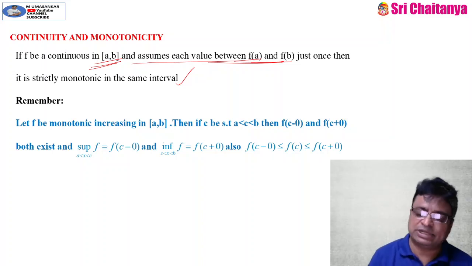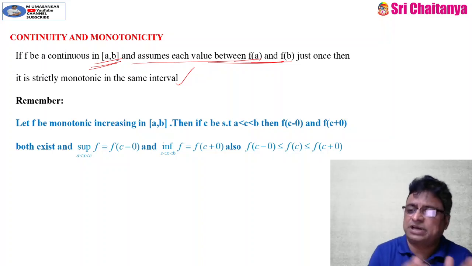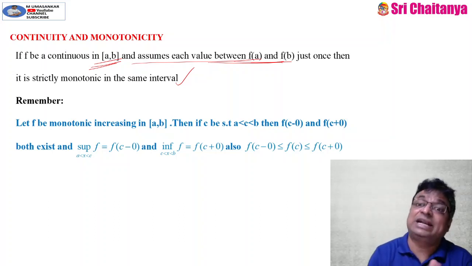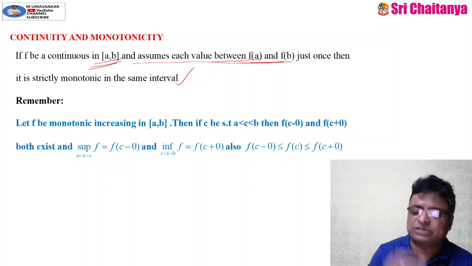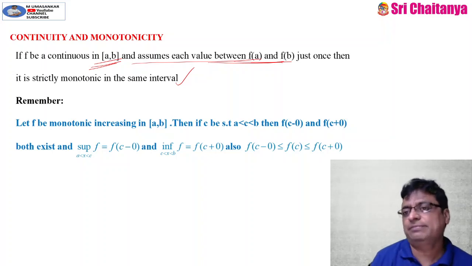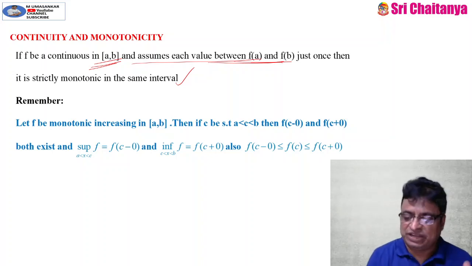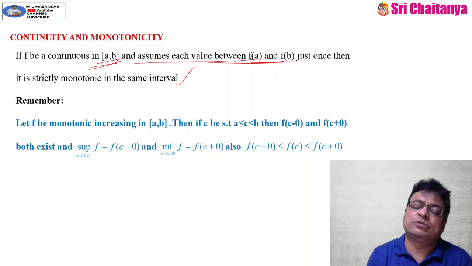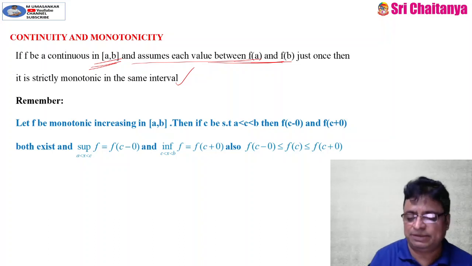Or I can say in another language, if f is continuous in closed interval AB, then it is bounded and attains its bounds at least once in closed interval AB.